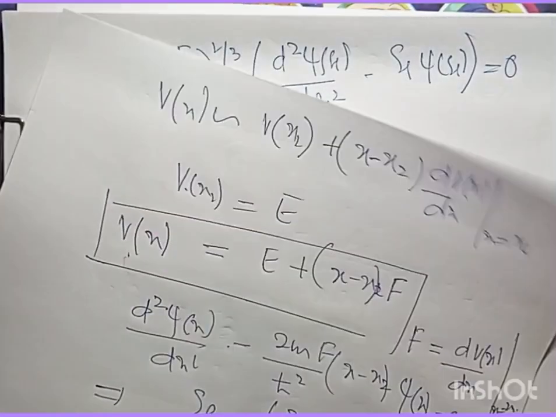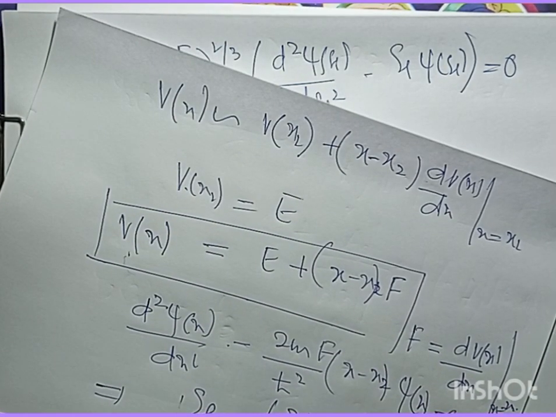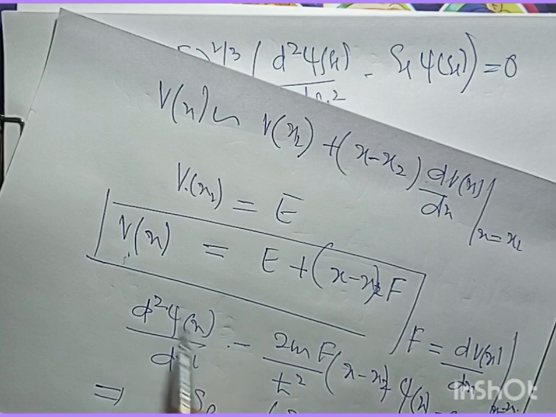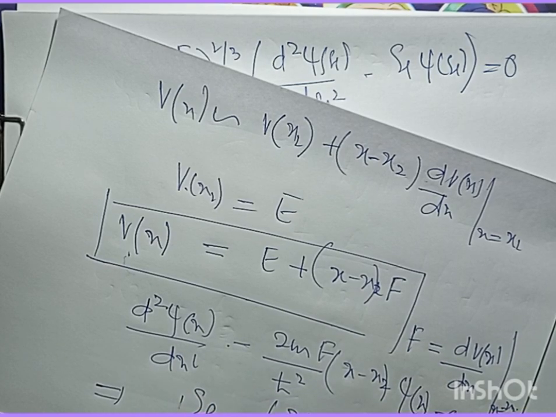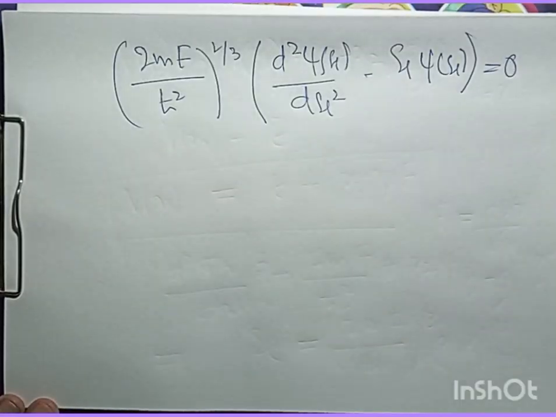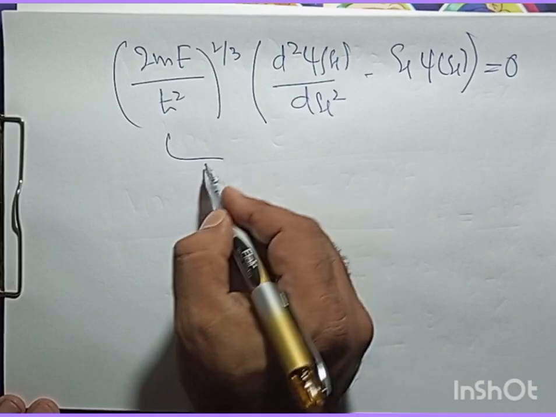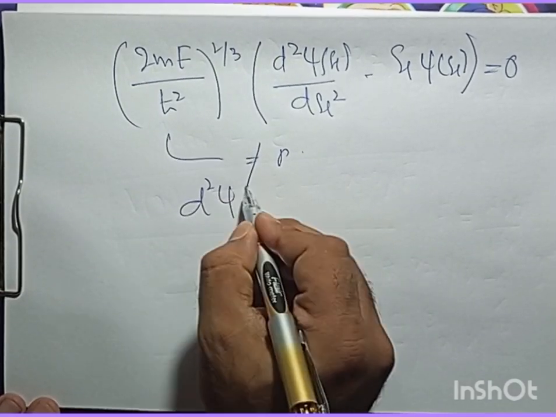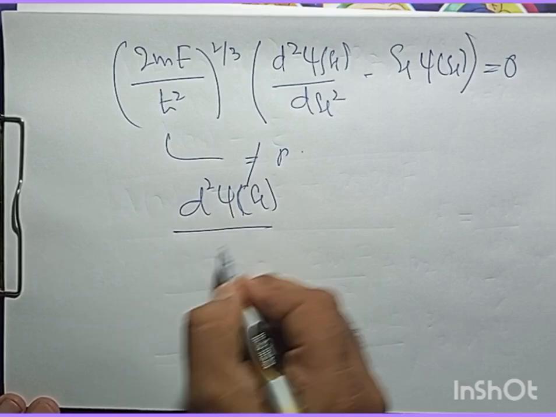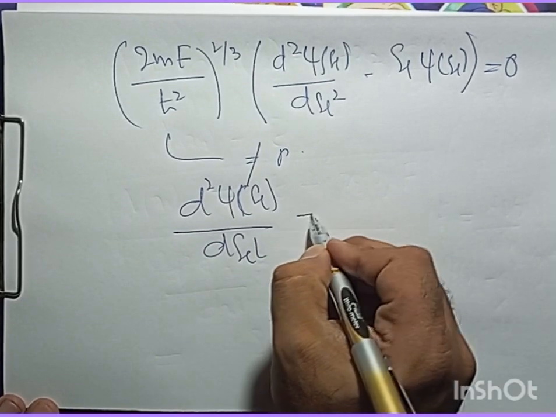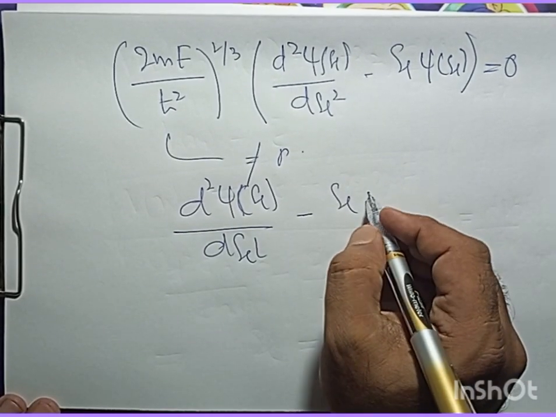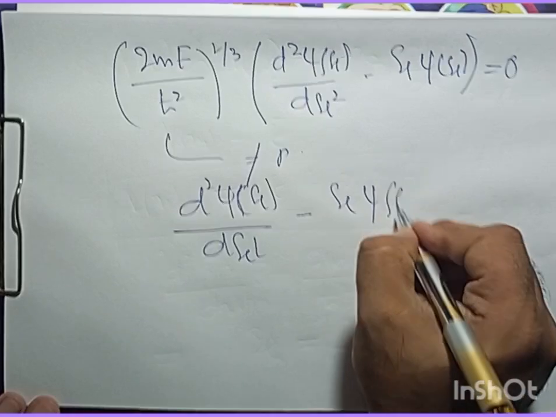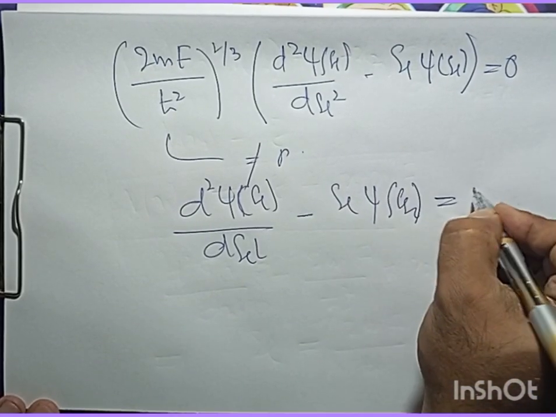So the chosen variable is introduced in Schrodinger's equation, and it has been converted into this equation. And this prefactor cannot be equal to 0, so what is equal to 0 is d2 psi of zeta by d zeta 2 minus zeta psi of zeta is equal to 0.